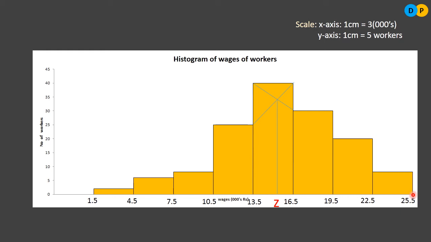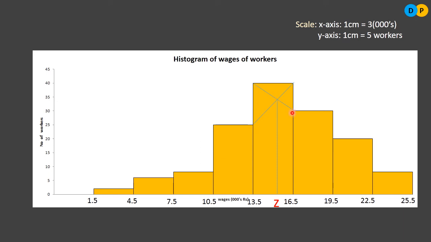What is the procedure to find mode? Very simple. First of all, we need to locate the tallest rectangular bar among all the rectangular bars. So the class interval 13.5 to 16.5 has the tallest rectangular bar. From this rectangular bar, we need to draw a line from the upper vertex to the upper vertex of the opposite adjacent rectangular bar.